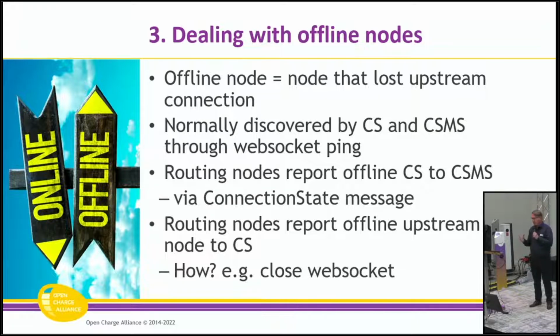So you could have a more intelligent controller node there that knows, okay, when I'm offline, I'm able to stop transactions or buffer all the meter values, for example, until the connection is restored.